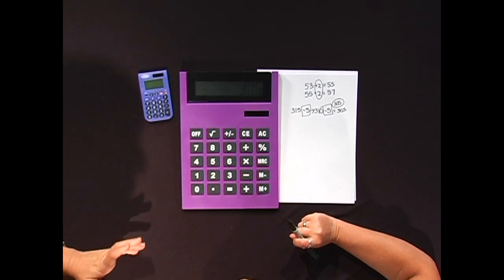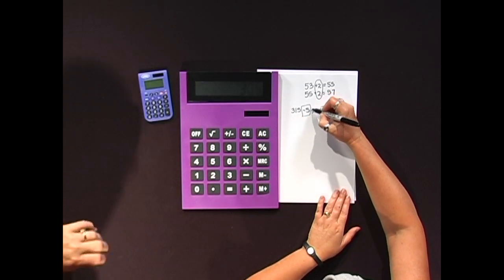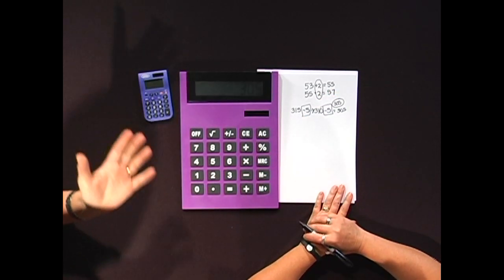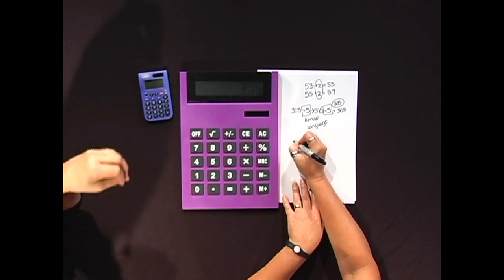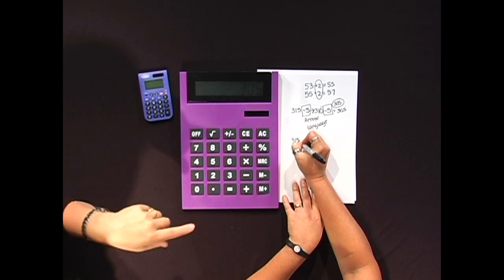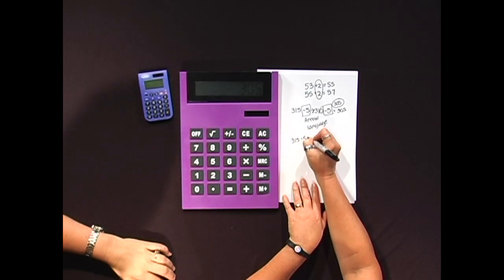And I liked your thought process that you subtracted 5 each time because they both ended in 5, so you used that kind of as a number that you thought you could use. I also like the fact that you used arrow language, which again, some of our parents might not be familiar with, but kids see that in school. When Michelle subtracted 5 and was only at 310, she wasn't to what she needed to equal, so she was going to continue, and we use an arrow to show that.